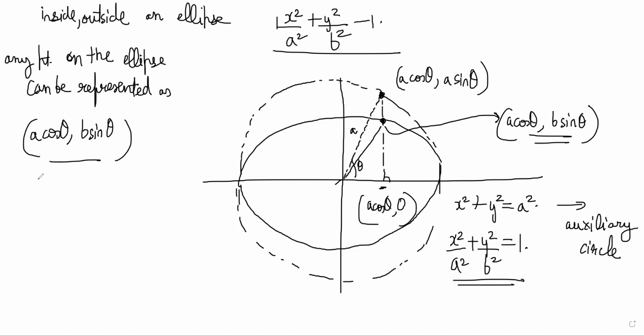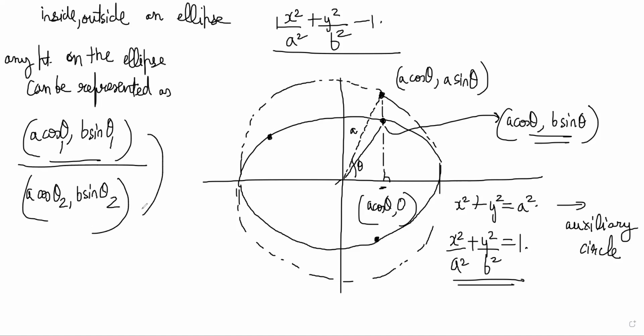So you can find the equation of a chord between any 2 points on the ellipse by just joining by a straight line a cos theta 1, b sin theta 1 and a cos theta 2, b sin theta 2, right? If you connect a straight line between them, that is the equation of the chord on an ellipse joining 2 points.